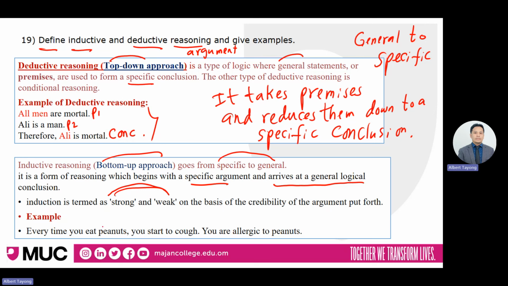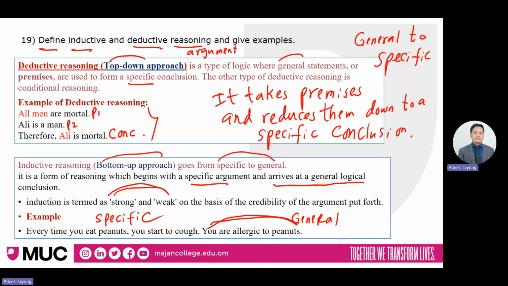For example, here, every time you eat peanuts, you start to cough. And then you are generalizing, you are allergic to peanuts. This is the general. And this is the specific here. So from specific to general. Your conclusion is based on your observation.